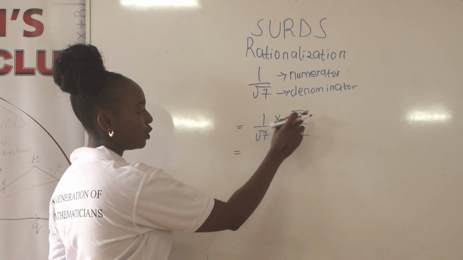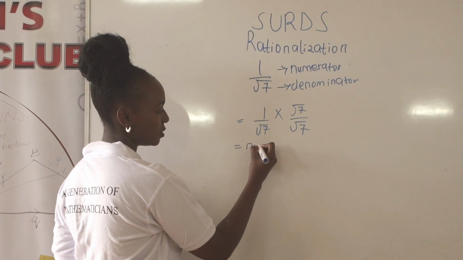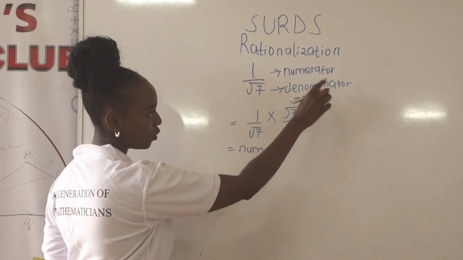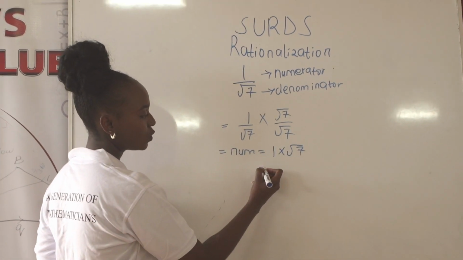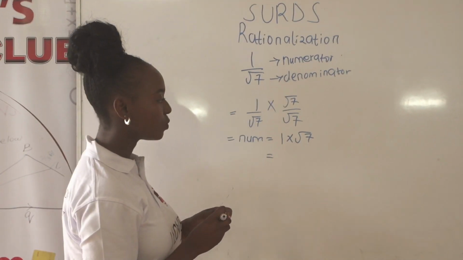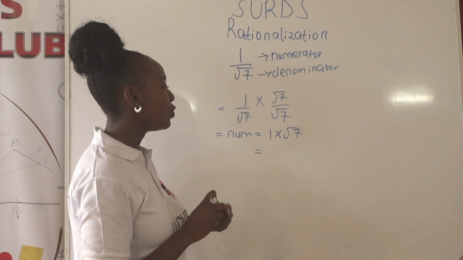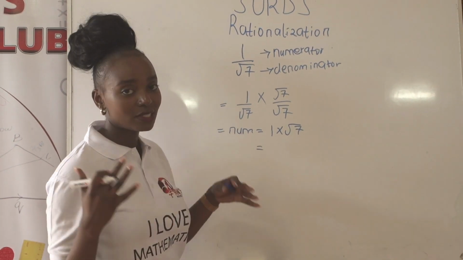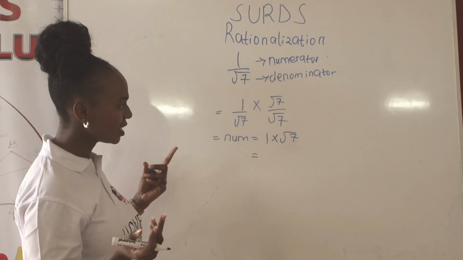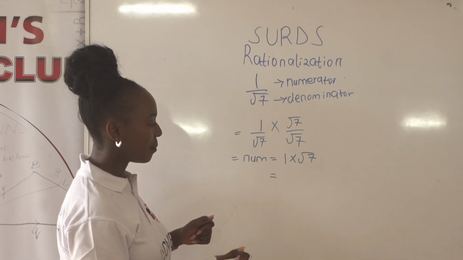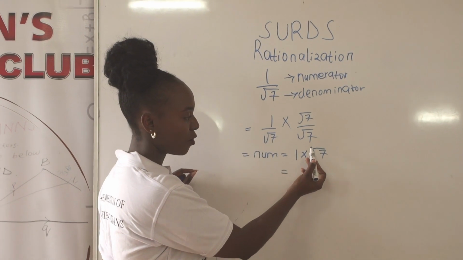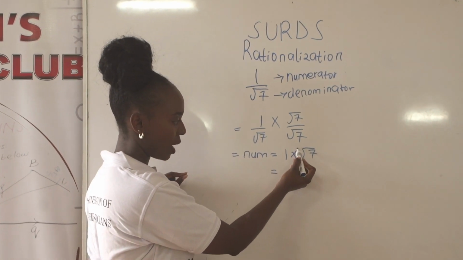So I can take the numerators, that is 1 times root of 7, okay? Remember we talked about with multiplication, you can multiply the values as they are. The other key thing I think I didn't mention is, before the 7, there is always a 1 here.